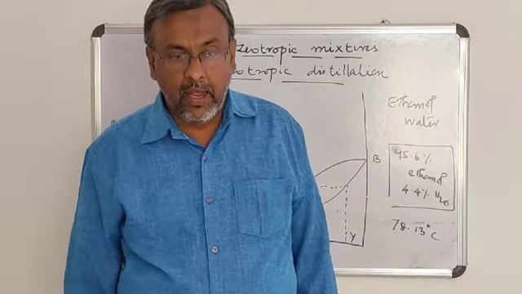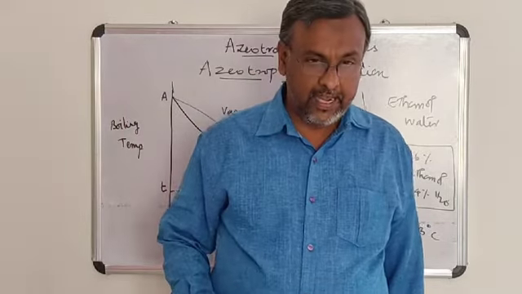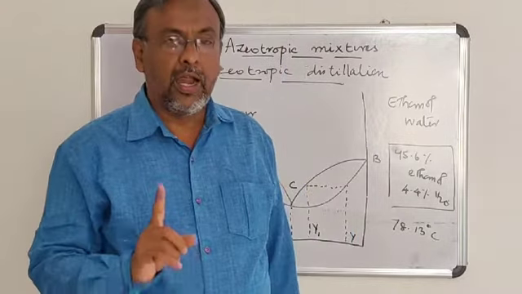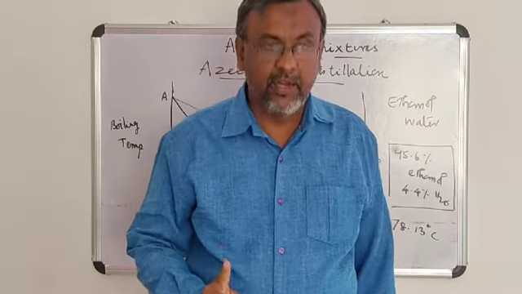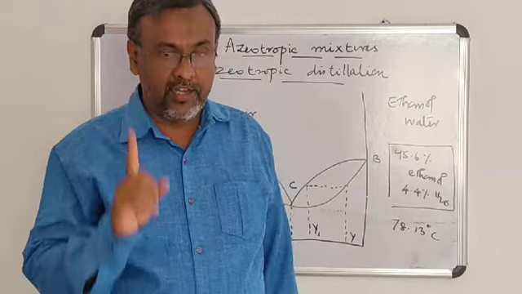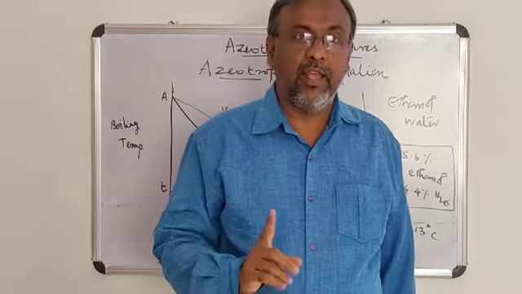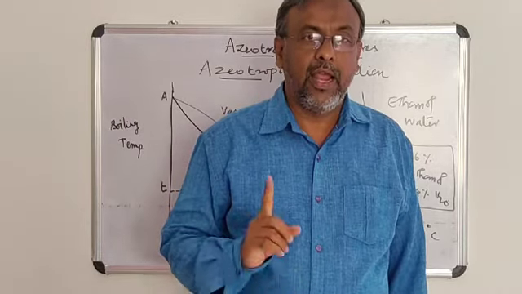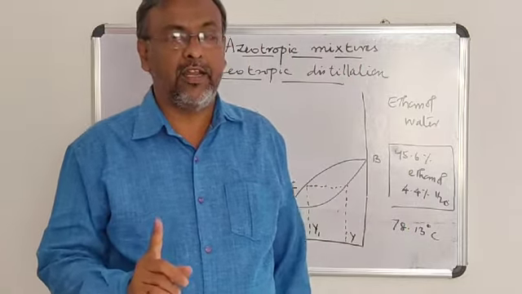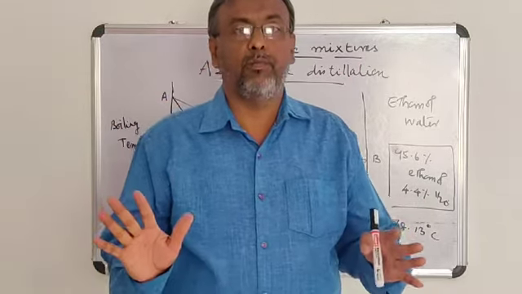So remember, an azeotropic mixture is a mixture which boils at a constant temperature. It boils as a single, pure liquid, and it will undergo distillation without change of composition.